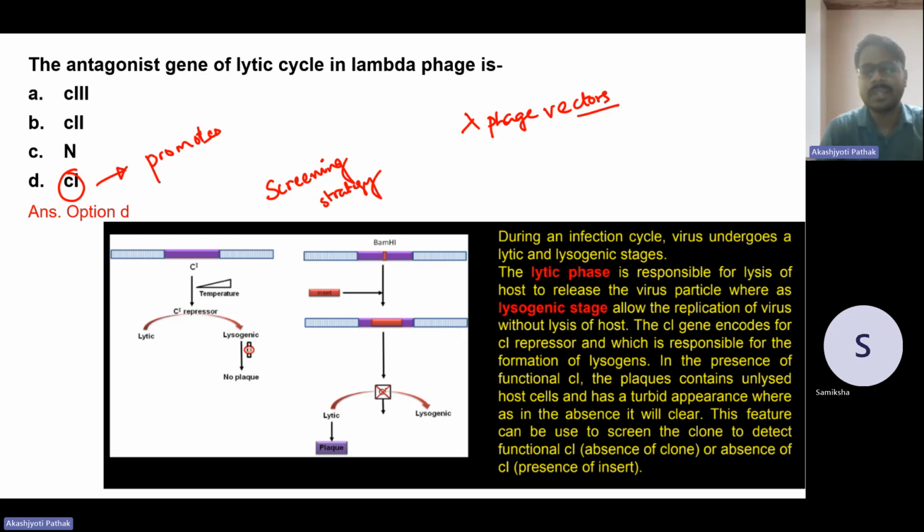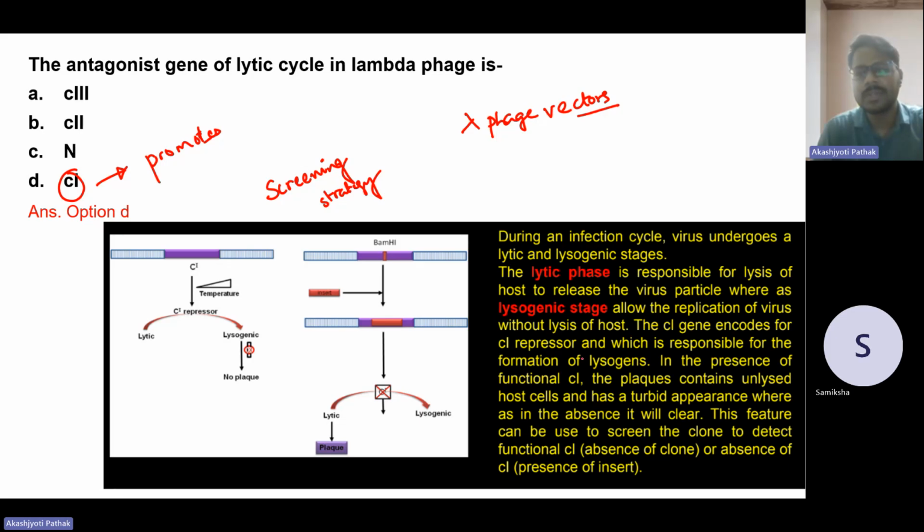But the lysogenic stage allows the replication of the virus without the lysis of the host. So your gene of interest gets integrated in the bacterial chromosome, and along with your bacterial replication, the virus gene also gets replicated.